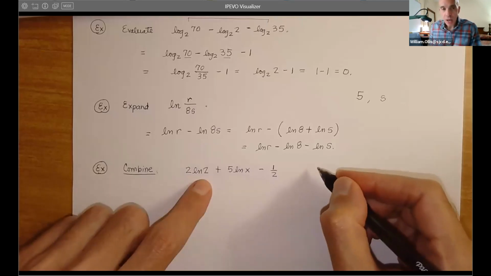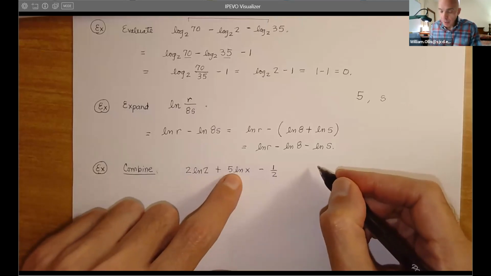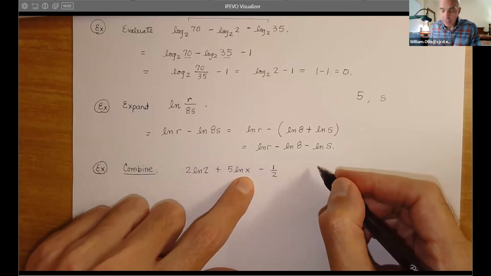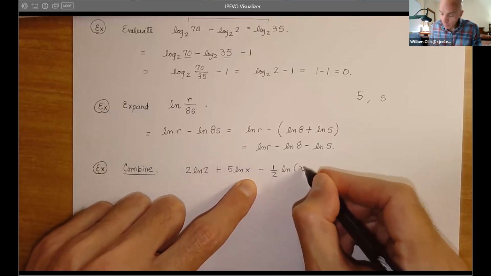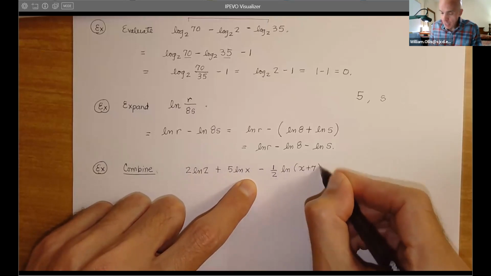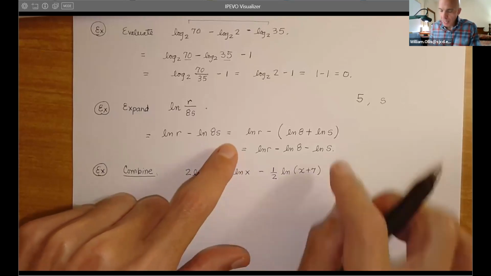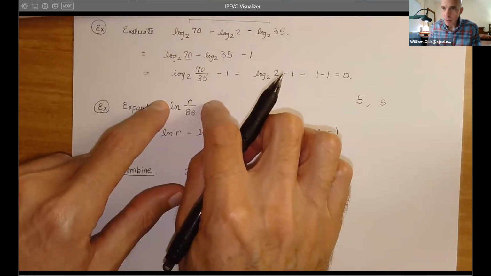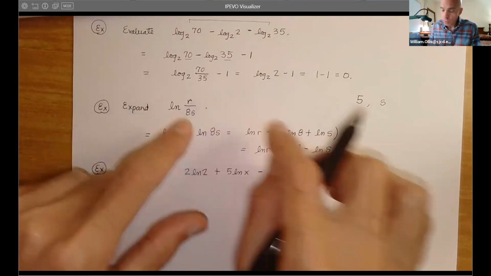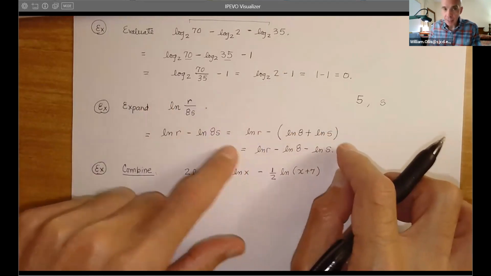So we have 2 log 2 plus 5 log x, where the log here is the natural log, and then we have 1/2 natural log x plus 7. So basically, we're taking this problem and going to the one object. So several objects combined into one object.